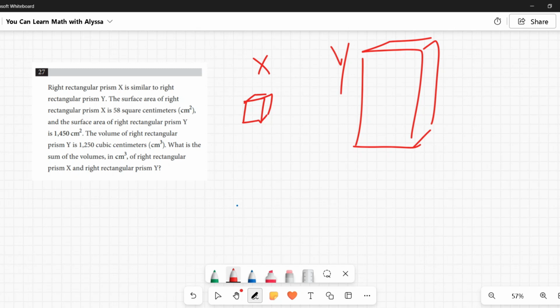So the surface area of the right rectangular prism X is 58 square centimeters, and Y is 1,450 square centimeters. Now we don't know the volume of X. We do know the volume of Y. So this is our surface area.